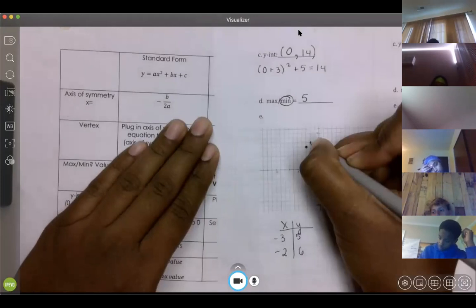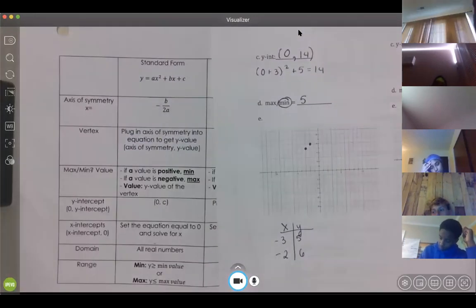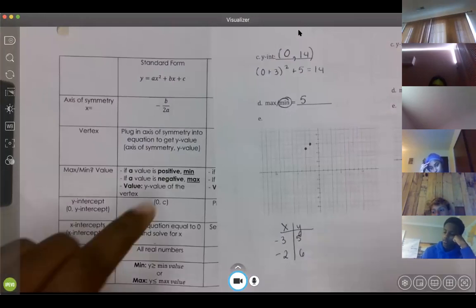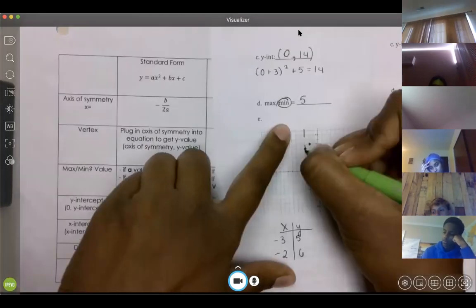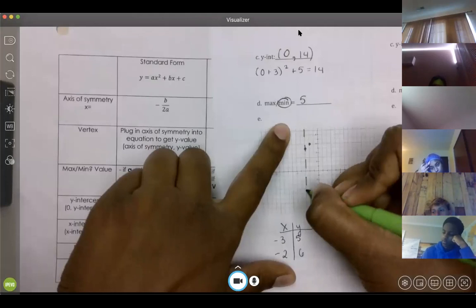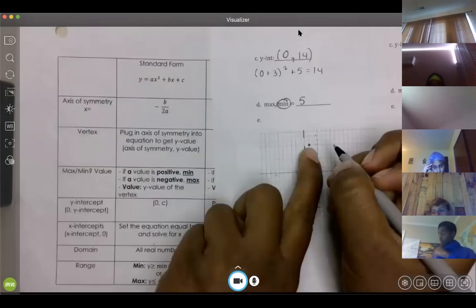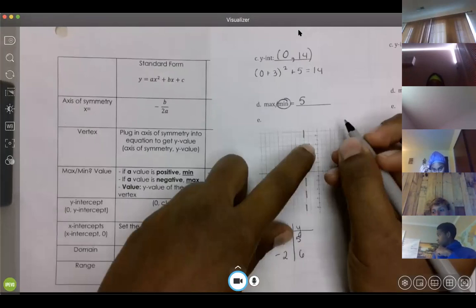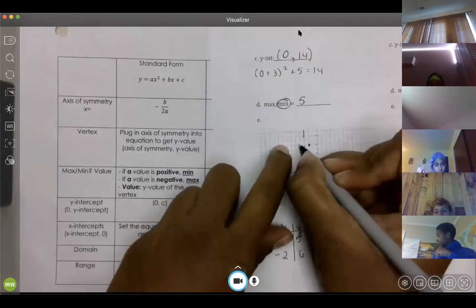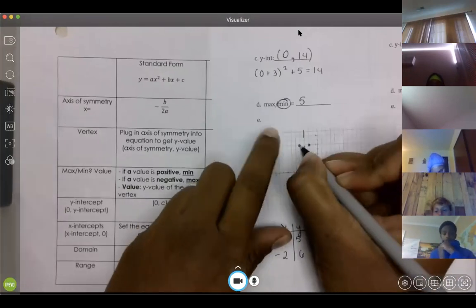The reason why you only need one other value on your table of values is because, remember, you're going to draw your axis of symmetry, which goes through the vertex at x equals -3. And then you can use that axis of symmetry to reflect this point, -2, 6, over. It was to the right one, so it's going to go over to the left one.